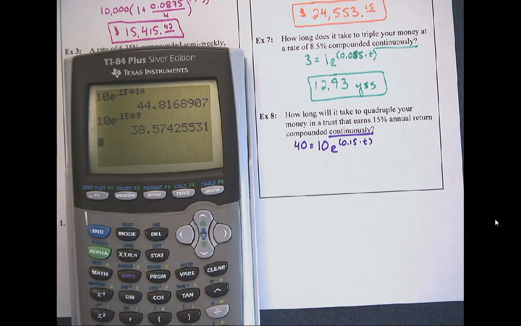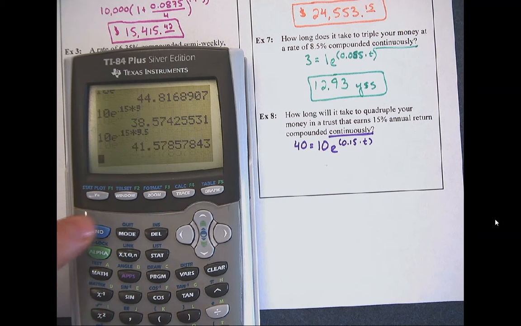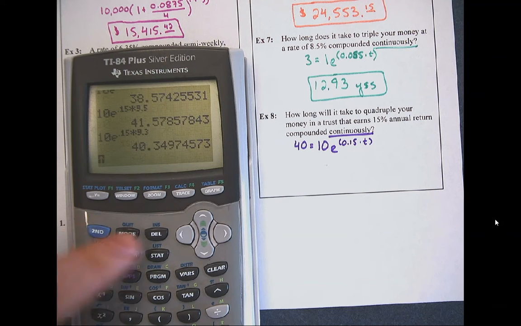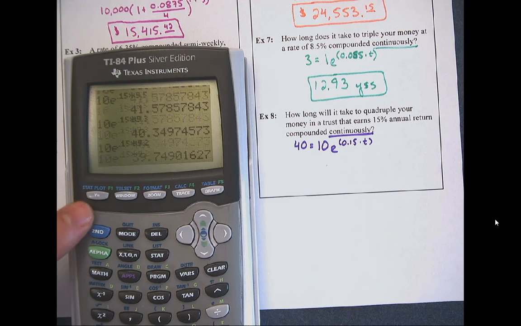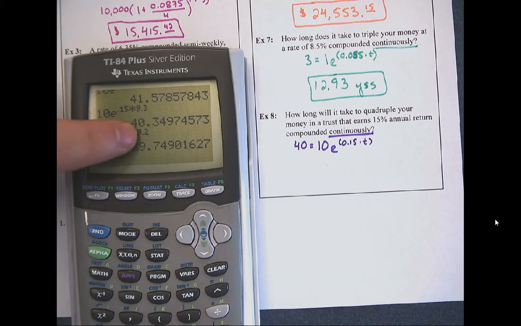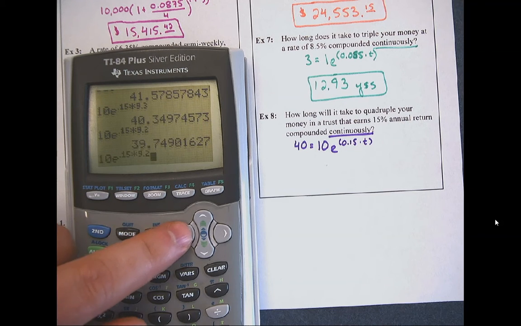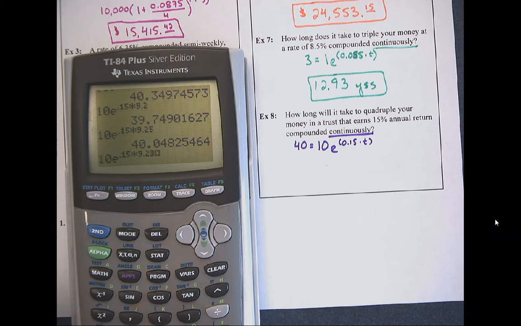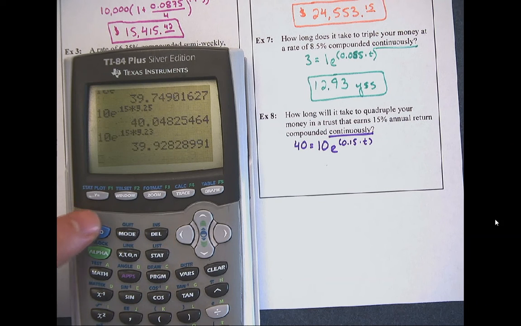Great, so it's between 9 and 10. 9.5, too big. 9.3, too big. 9.2, too small. So it's between 9.2 and 9.3. 9.25, too big. 9.23, too small. So it's between 9.23 and 9.25.